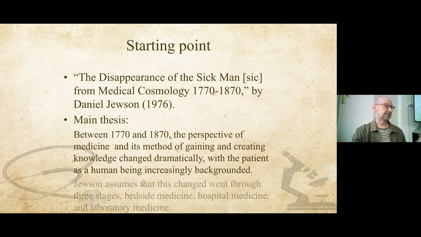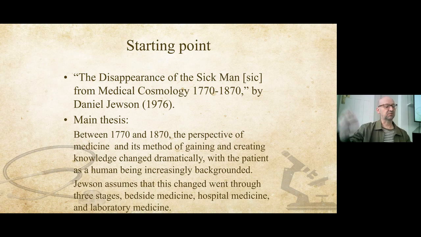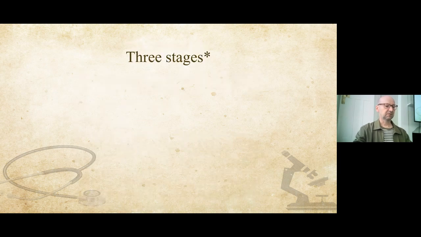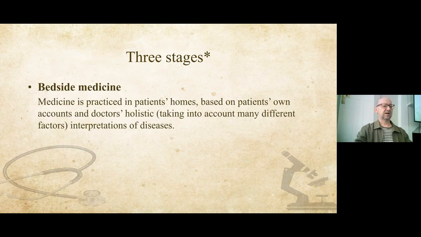And he thought that this actually happened in three phases. The first one was what he called bedside medicine. The second one, hospital medicine, then later on in the 19th century, transferring to laboratory medicine. So the first stage, bedside medicine, he defined as medicine practiced in the patient's home.